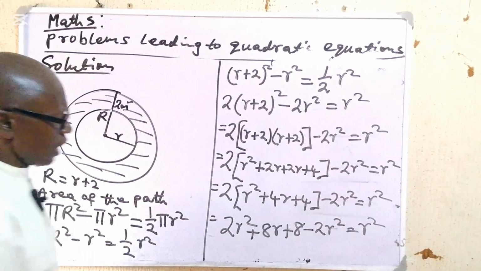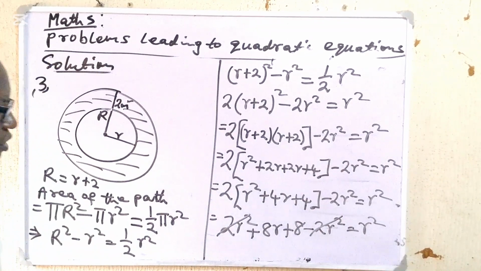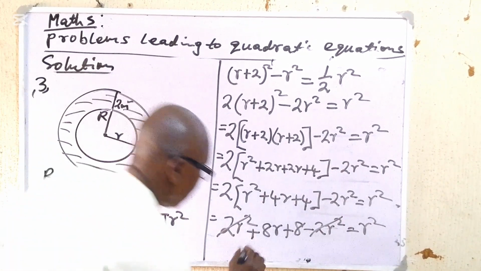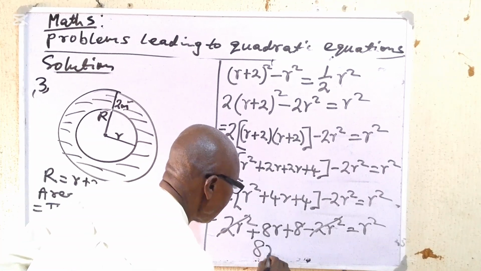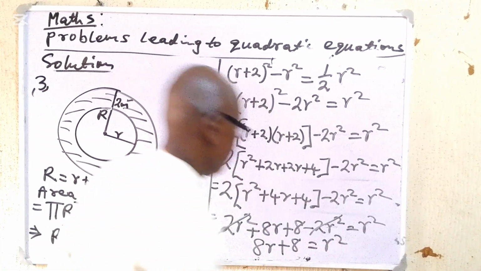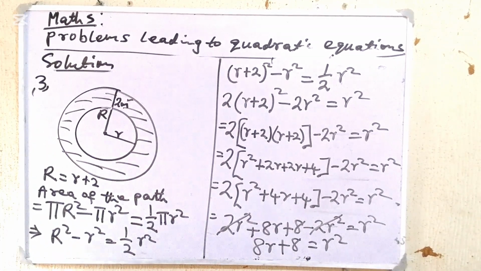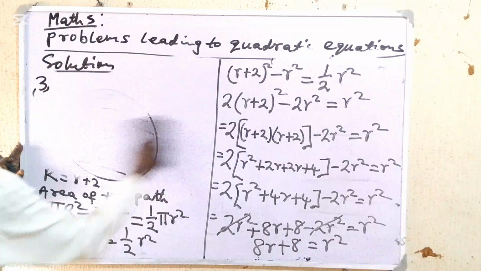And if you watch, you can remove this because 2r squared minus 2r squared is 0. That will give us 8r plus 8 equal to r squared. Then we have to bring everything together.